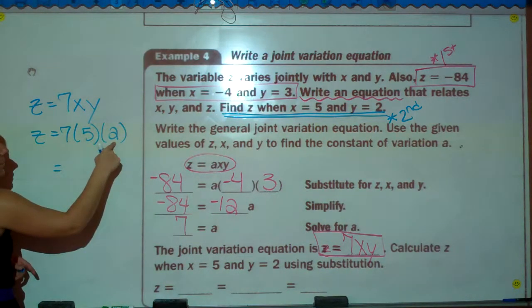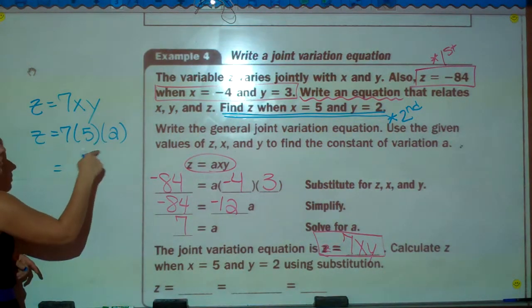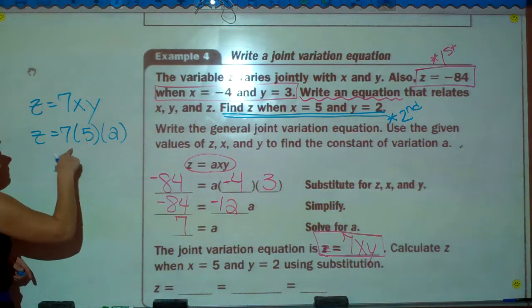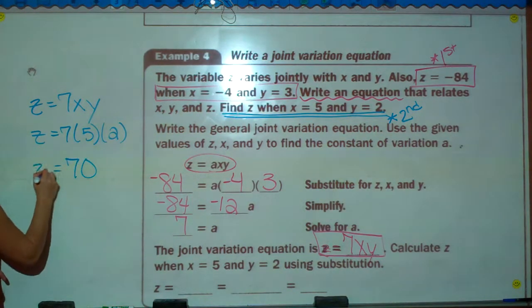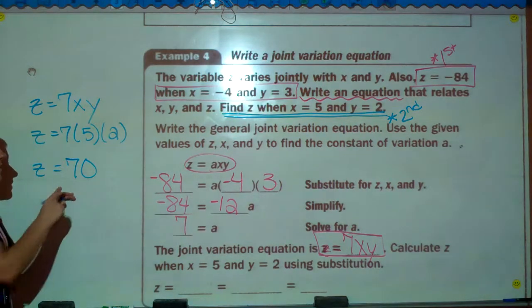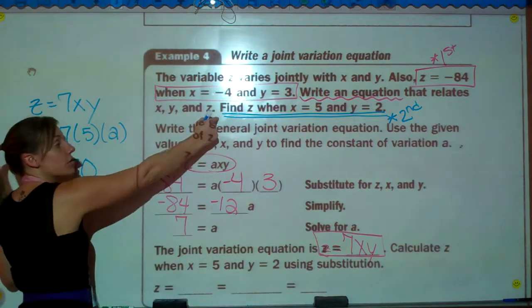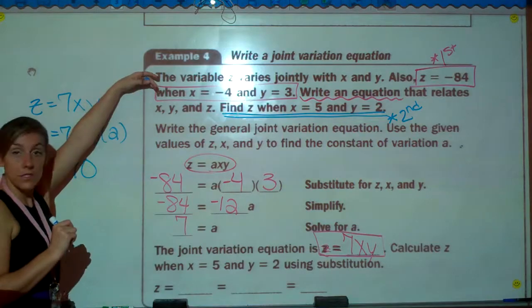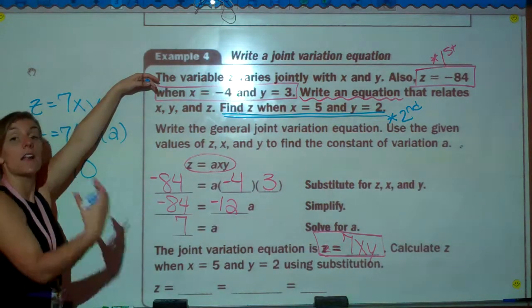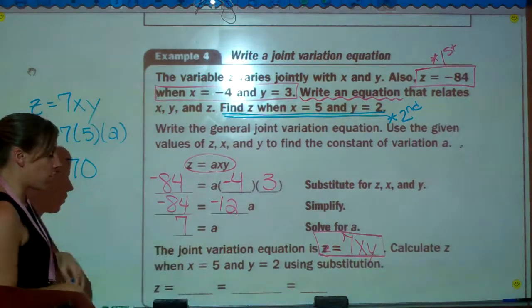7 times 5 times 2. Well, I'm going to go backwards. 2 times 5 is 10, times 7 is 70. Okay, so this helps me answer this question at the end. I had to use the beginning information to set it up to then answer the question, okay?